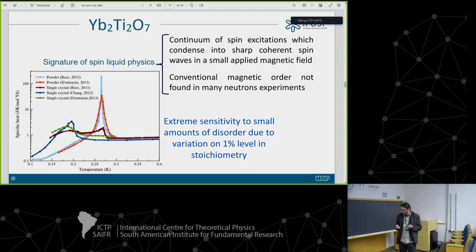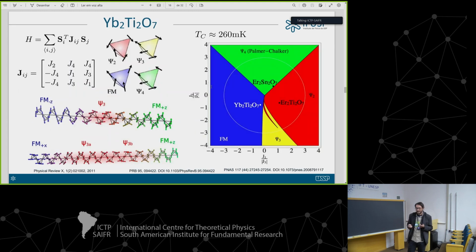And nowadays, we understand how to describe this system. It's through this Hamiltonian, which involves a highly anisotropic exchange matrix. On this matrix, we have J1, which is the exchange constant associated with the XY plane.